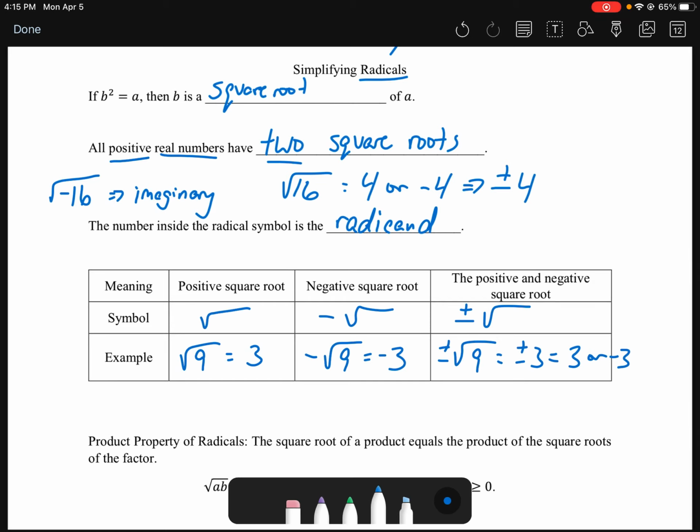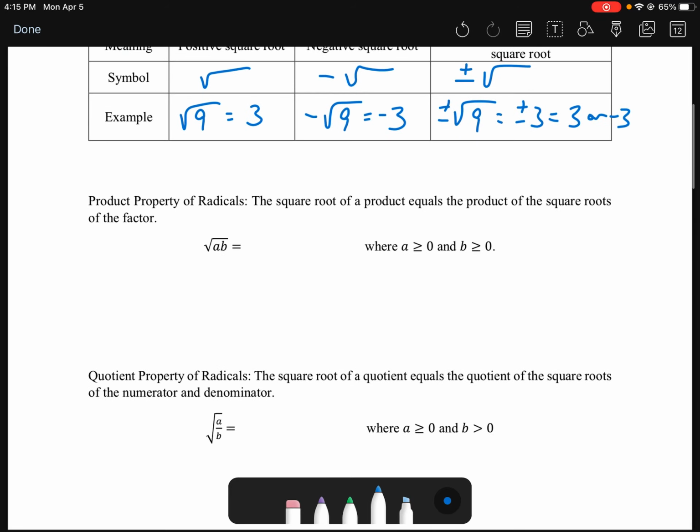All right. Getting into properties. So the product property of radicals. The square root of a product equals the product of the square roots of those factors.